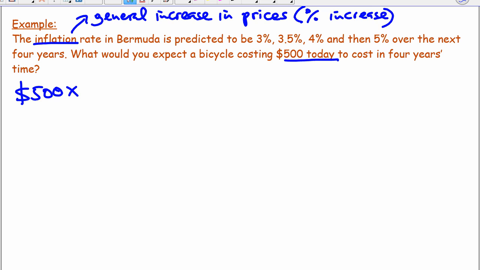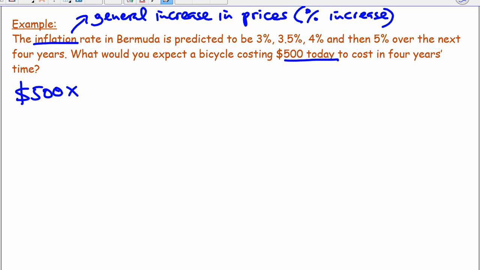For every year, the price of the bicycle is increasing by a certain percent. So the first year, the price of the bicycle is increasing by 3%. So what I'll do is add 3% to 100%, which will be 103%.